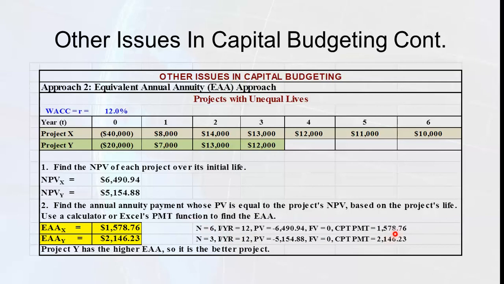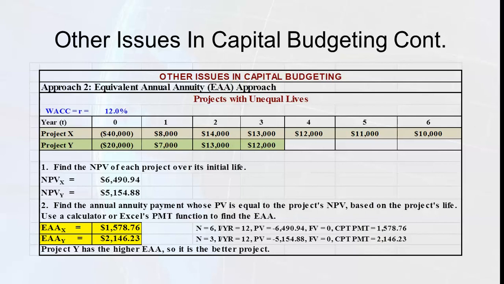If you solve for payments, for project X we get 1578.76, and for project Y we get 2146.23. Which one is superior in terms of payments? Definitely project Y has the higher annuity, so we are going to select project Y in this case.